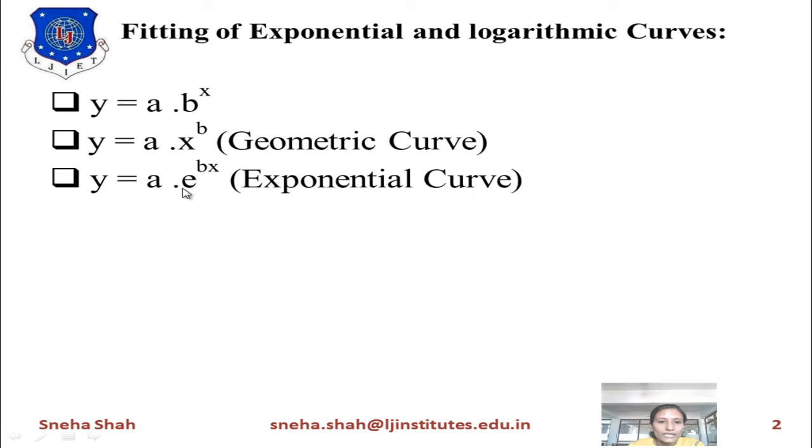So y equals a into e raised to bx. To solve this type of exponential curve, we will take the logarithm, it means log on both sides, and we will solve the example. This way we can solve the example in an easy way.